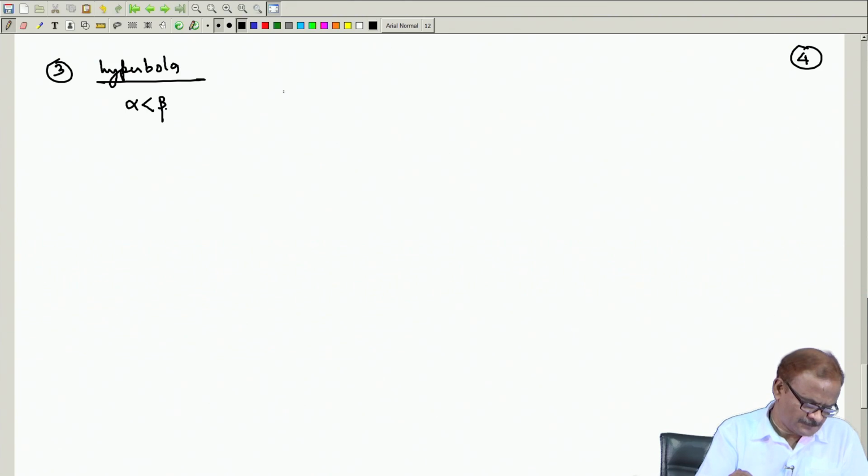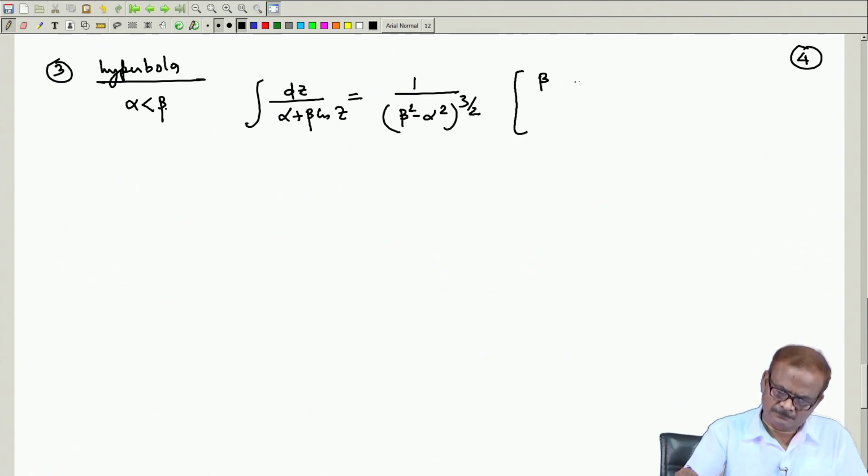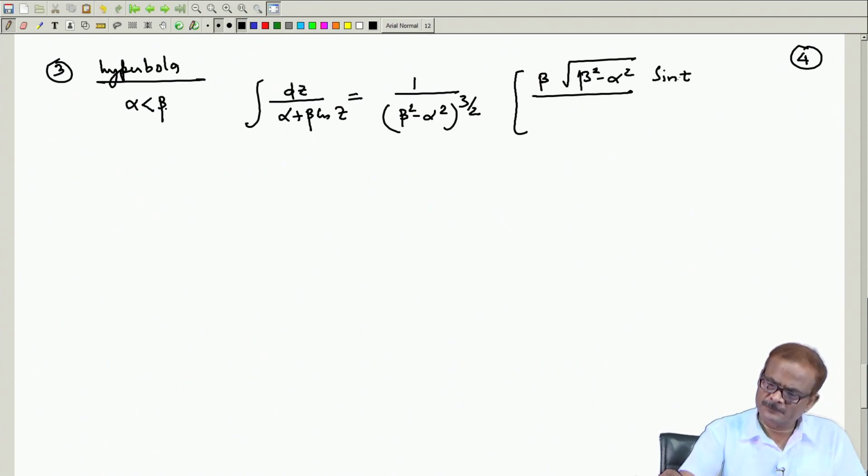So, for this case, you can look into a standard textbook. I am not going to work out this integration particularly here.